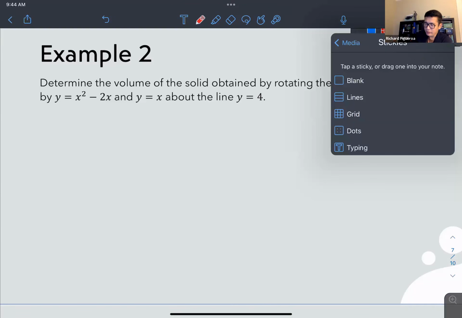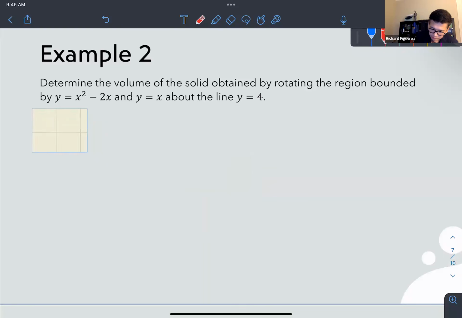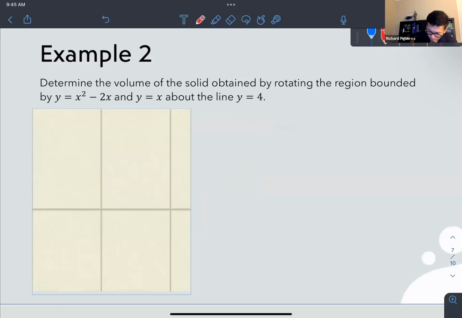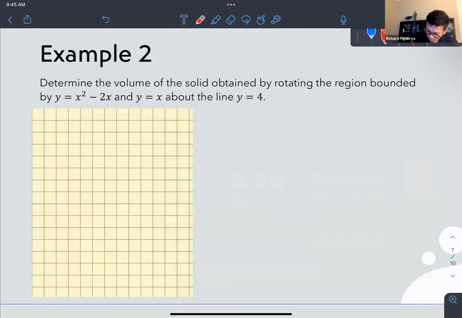So we need to graph it first. So we have the x-axis and the y-axis. The easiest to graph here is y is equals to x. Okay, so that's a line. For every value of x, that's the same value for y.